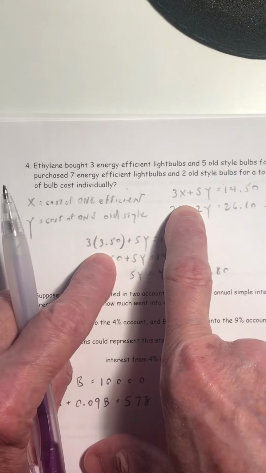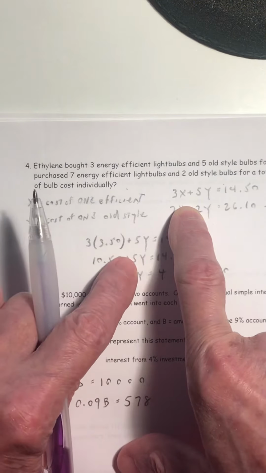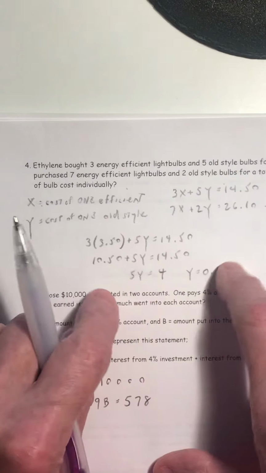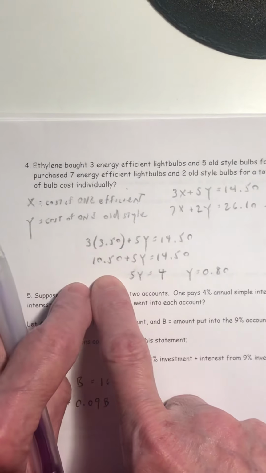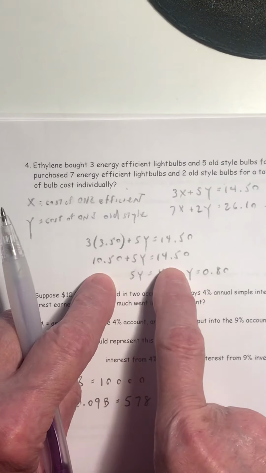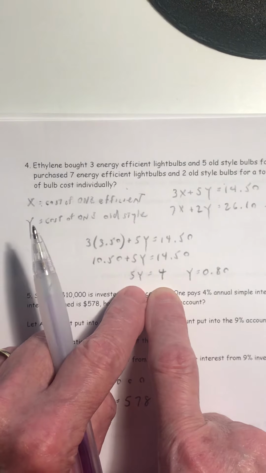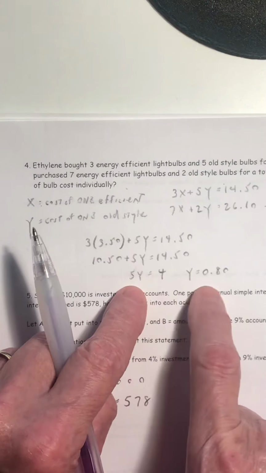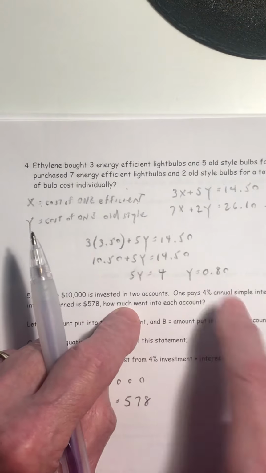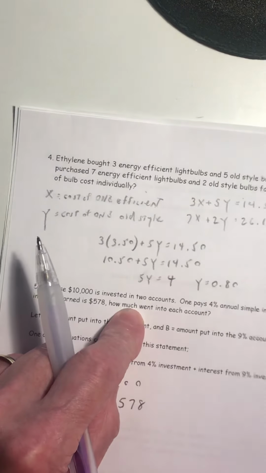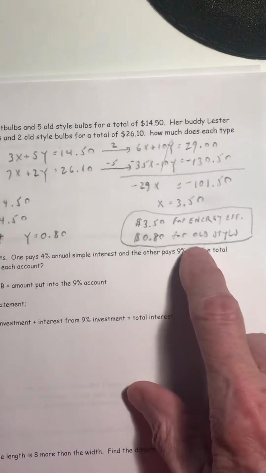So 3x became 3 times 3.50 plus 5y equals 14.50. Multiply that out, you get 10.50. Subtract 10.50 from both sides, and you get 5y equals 4. And divide both sides by 5. You get 0.80, or 80 cents. 80 cents for the old style bulb.